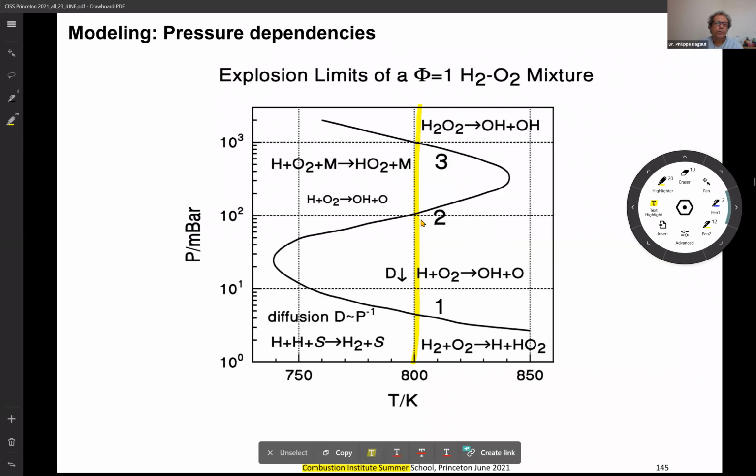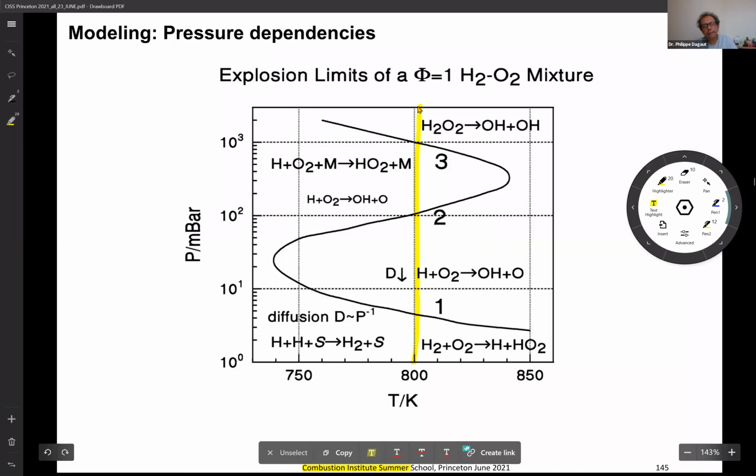Continue to increase the pressure, and then this amount of H2O2 is high enough to decompose and produce OH radicals, which will initiate the reaction of oxidation of the fuel, and then we reach the third explosion limit, and the reaction gets very fast again.